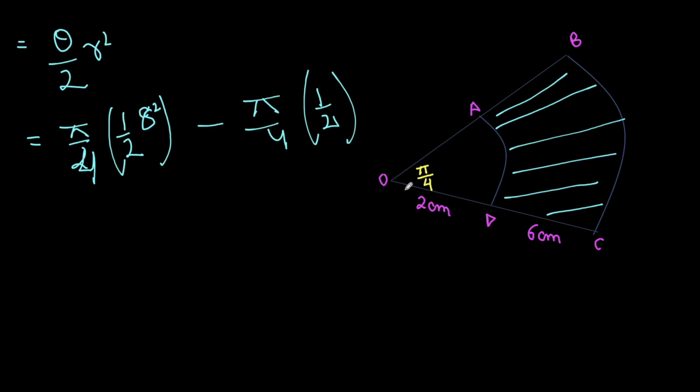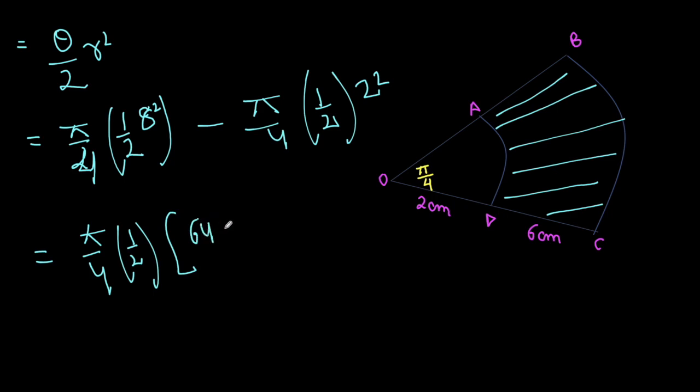Okay, now what is the area of this small sector? Pi over 4 times half r squared, here r is 2 squared. Now you can take pi over 4 and half common from both of these. So what you will get here, 8 squared is 64, take away 4.